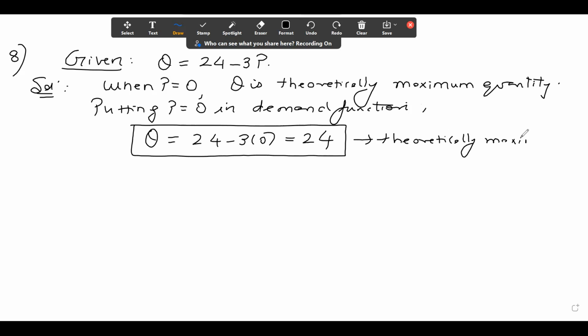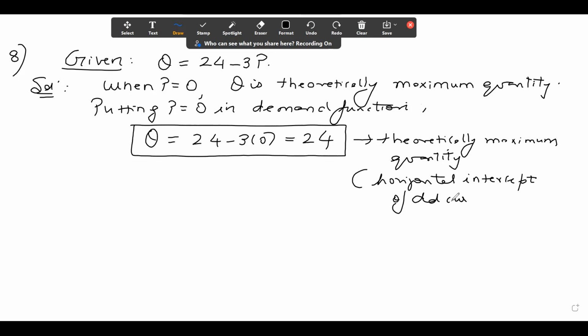And this is also called the horizontal intercept of the demand. The horizontal intercept of the demand curve indicates the theoretically maximum quantity which can be demanded. And that happens when the price is equal to 0. So this is the final answer for this question. Coming back to the question paper, we can mark the correct answer. It is 20.